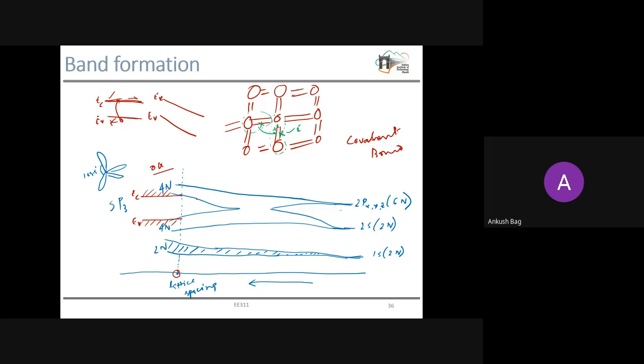So what is the probability of this process? Do you need to provide additional energy? Because remember why I am mentioning this point: breaking one covalent bond takes a lot of energy.